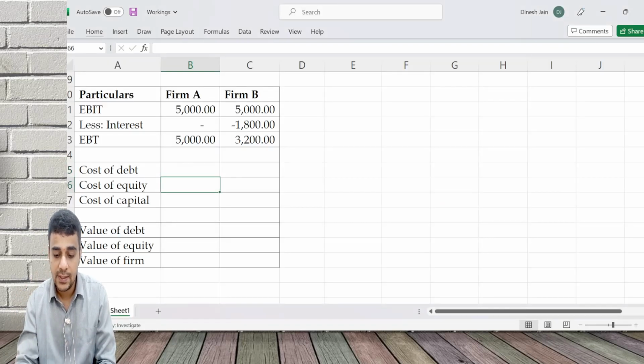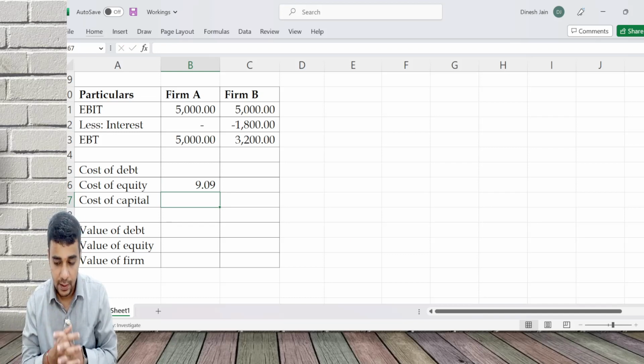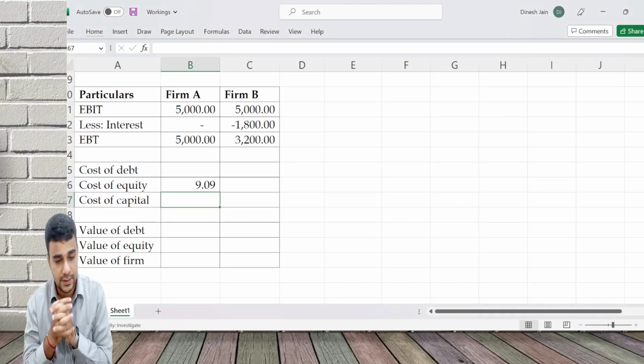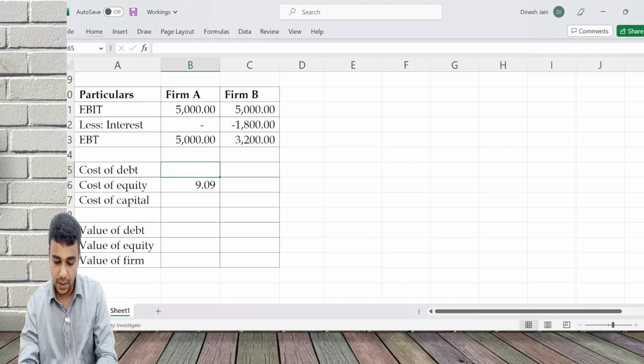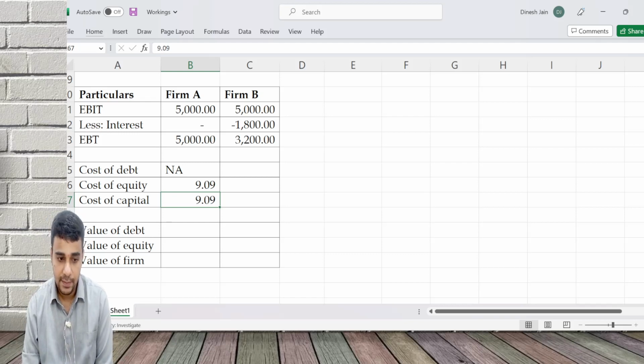This is for a company which doesn't have borrowing. The A and B data is of no use because for this approach, the cost of equity is 9.09. Cost of equity and cost of capital will remain same, 9.09.